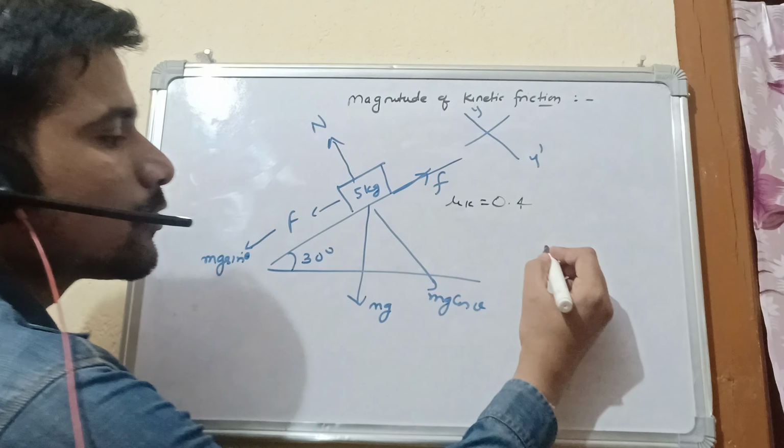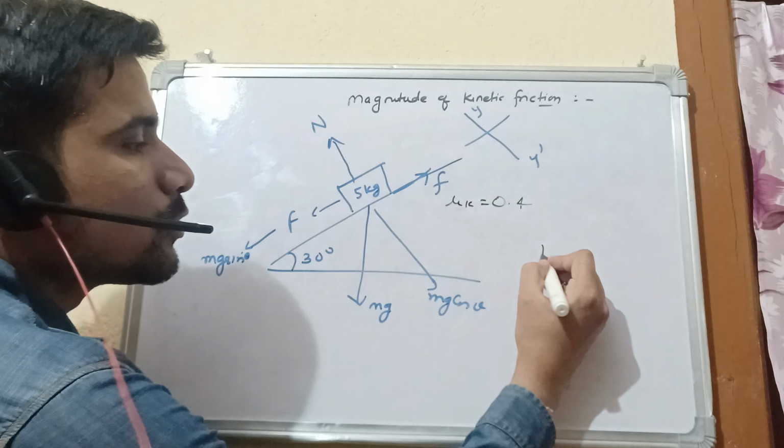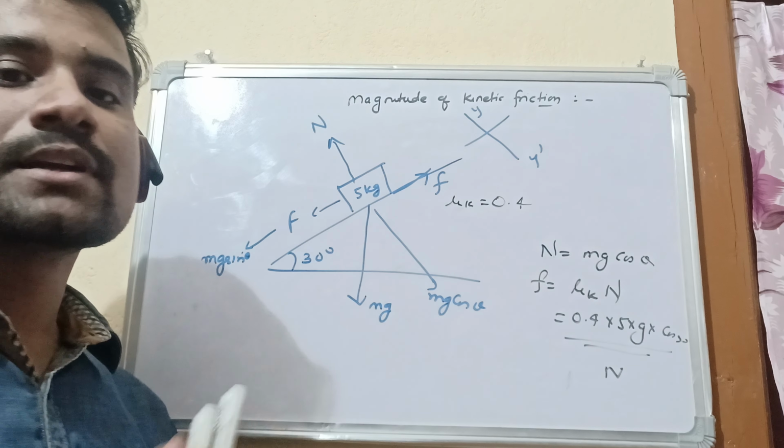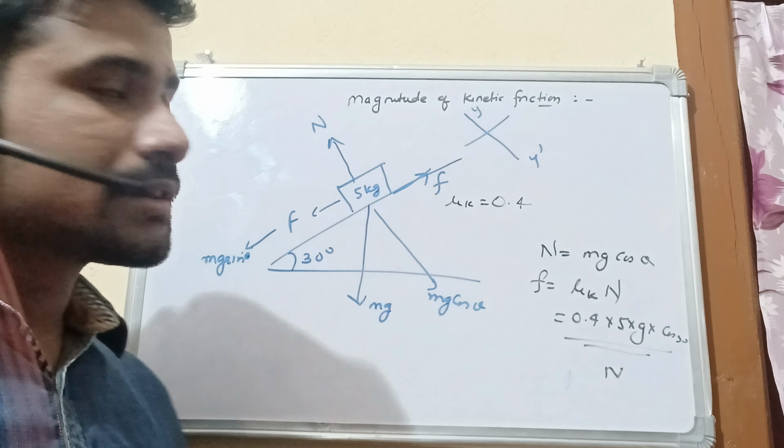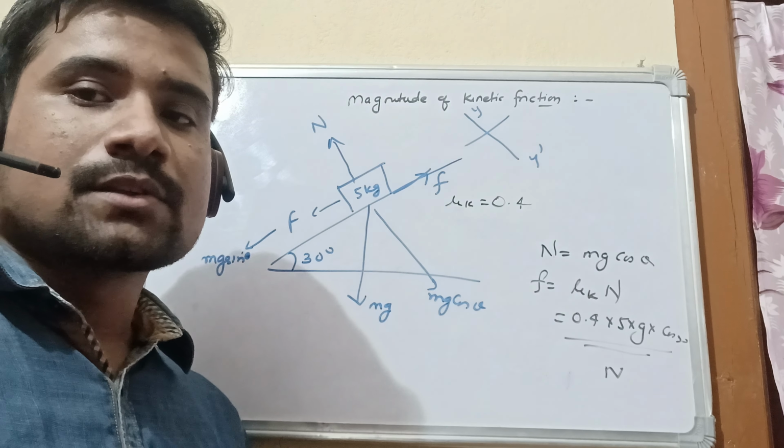So the normal will be equal to mg cos theta. And I know friction is mu k times normal. So 0.4 into 5 into g into cos 30 is this much Newton amount of friction being generated by this surface. This is how we calculate the kinetic friction and apply it in problems to find different parameters.